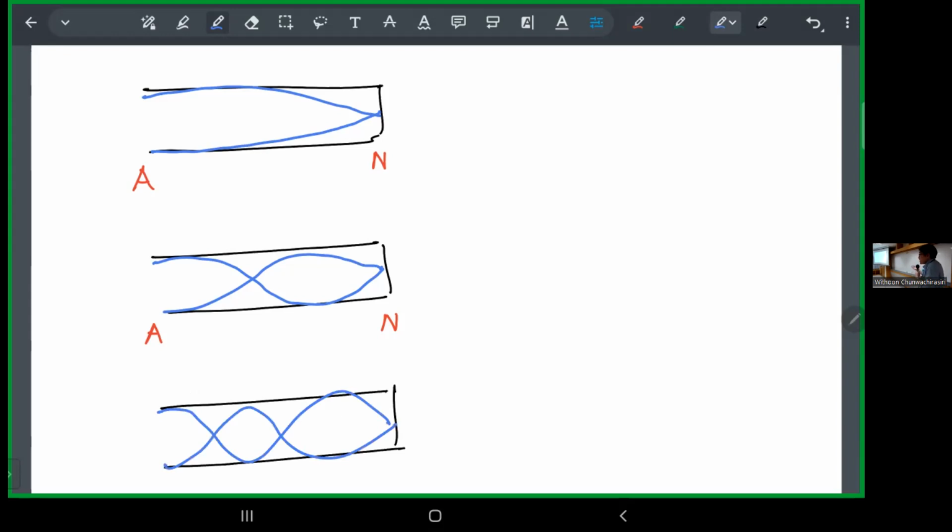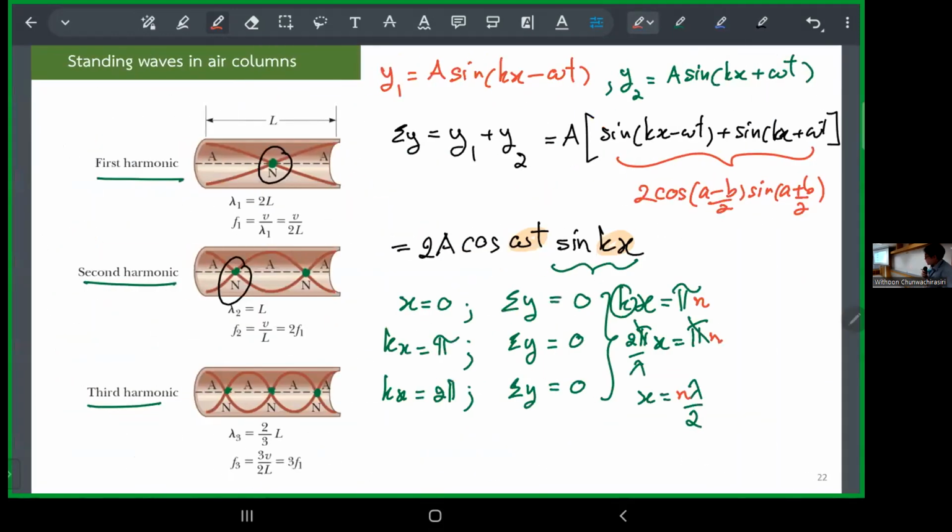Cool? So that's it. So it seems like for these problems of generating a node, an antinode, and a standing wave in the air column, you don't need to really go back to this calculation anymore. This is what I just want to show you, that the standing wave can be created by having two waves that look exactly the same, moving in the opposite direction. Okay, once you do that, you have this going on here.